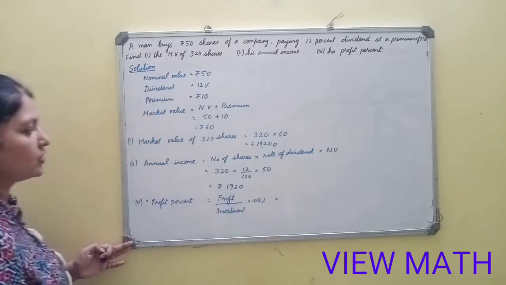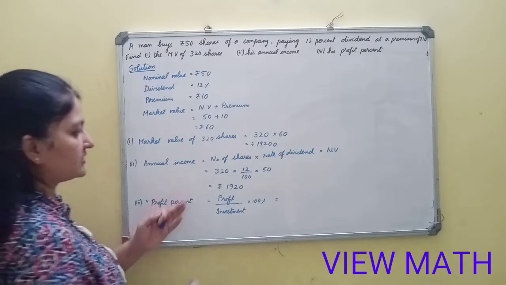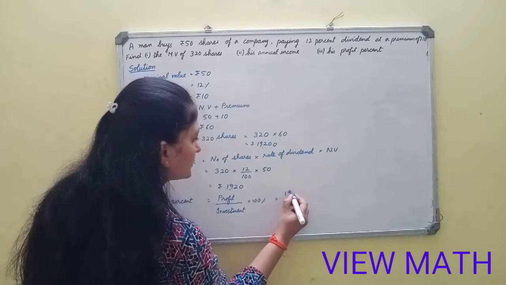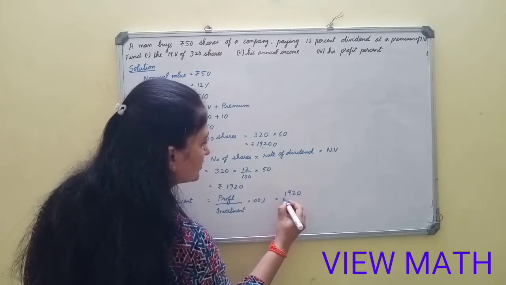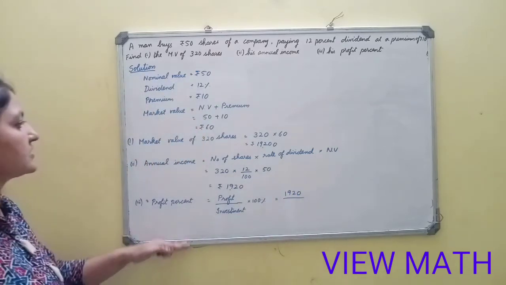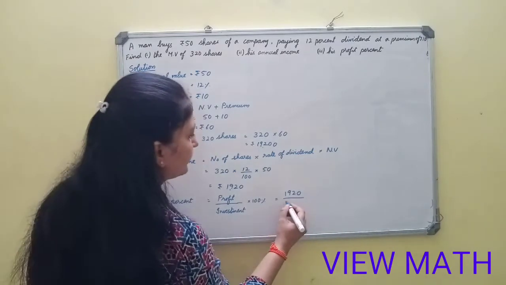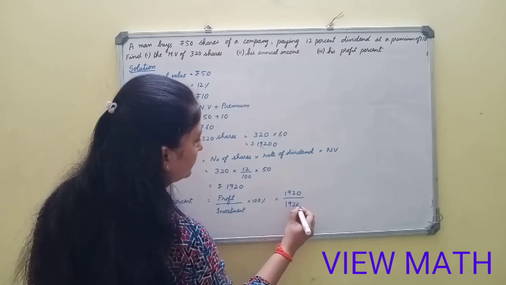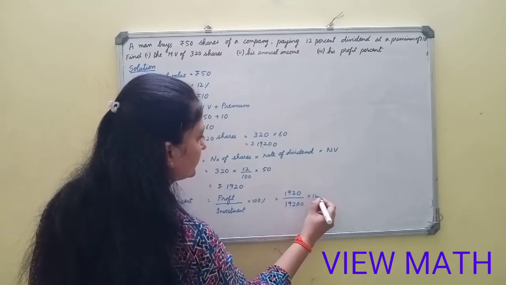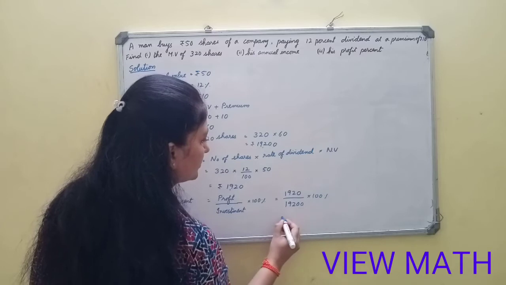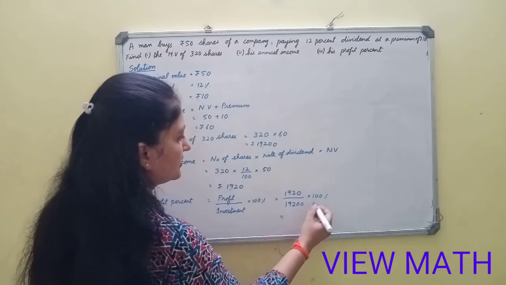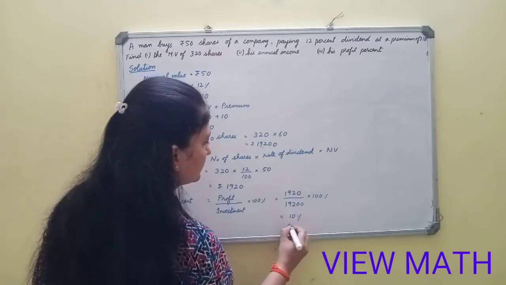What is the profit you have got? Annual income, profit or income or everything the same. It is 1,920 divided by sum invested. What is market value of 320 shares? This is the sum invested into 100%. So very simple. It is 10%.